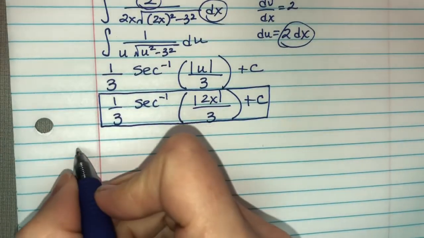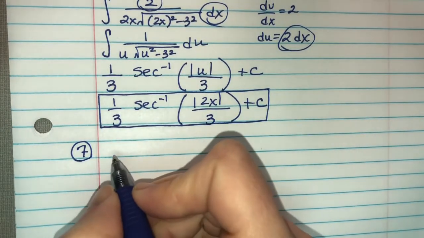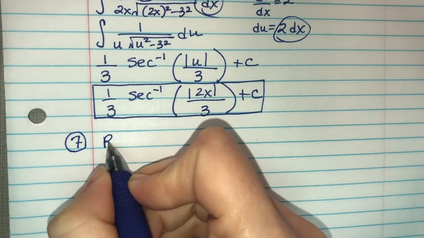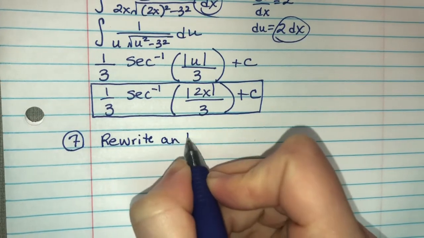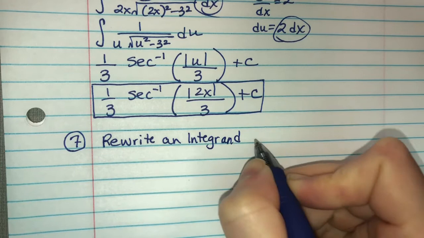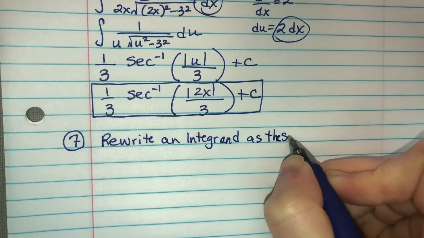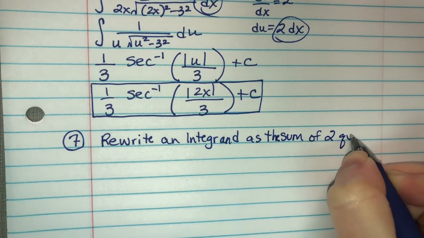Number 7. We're going to try a new technique on number 7. Kind of an interesting approach. We're going to rewrite an integrand as the sum of two quotients.